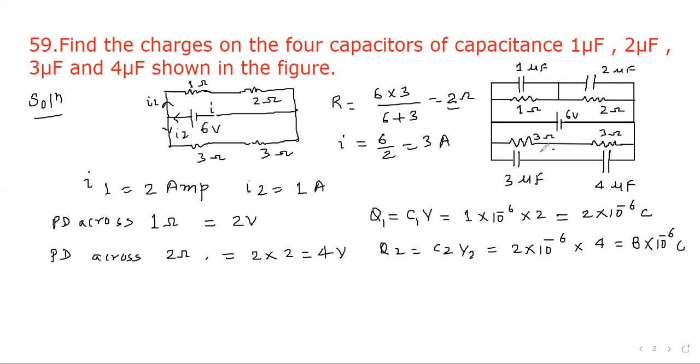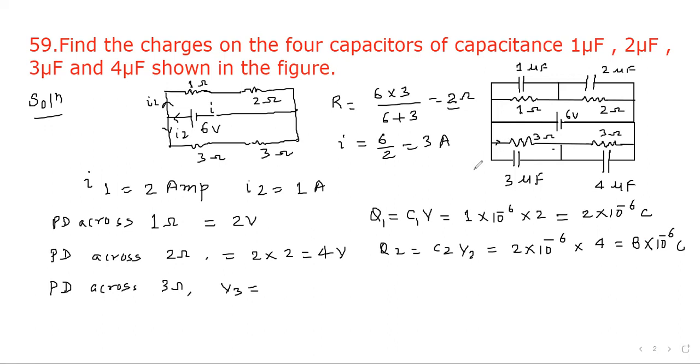Now, current through this resistor: PD across the 3 ohm resistor, suppose it is V3.